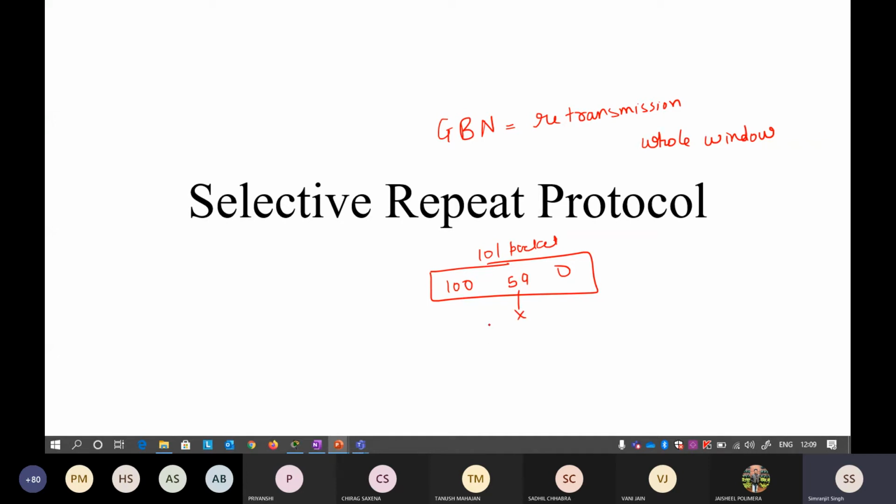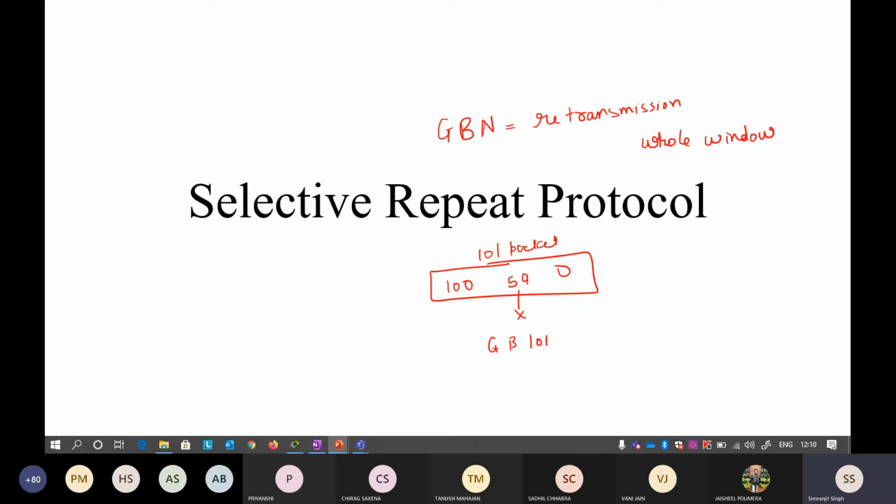Then you have to go back 101 and transmit the whole window again. So there are a lot of retransmissions going on. That is the only disadvantage of your go back N protocol.